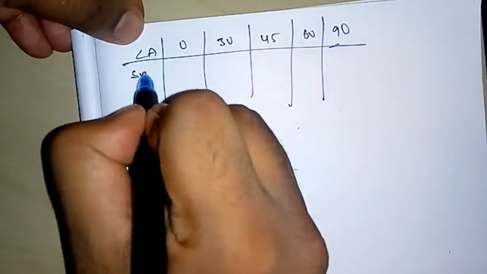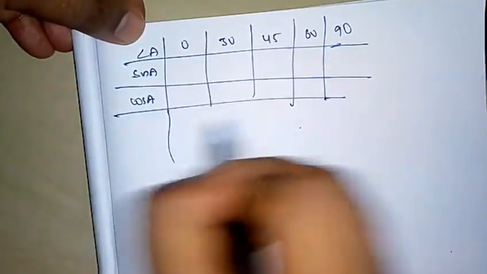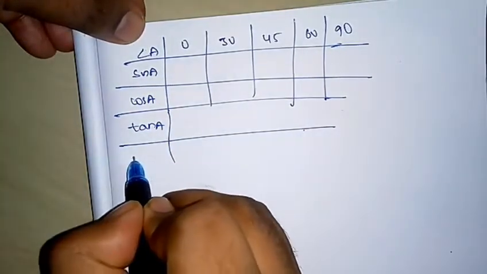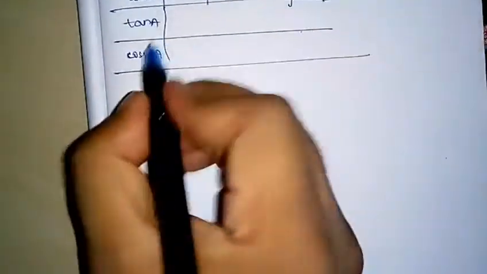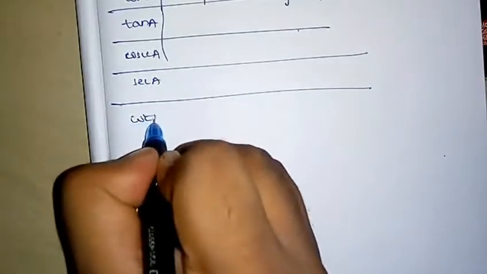First is sine, next is cos A, next is tan A, next is cosecant A, next is secant A, next is cot A. Let's form a table for these angles.